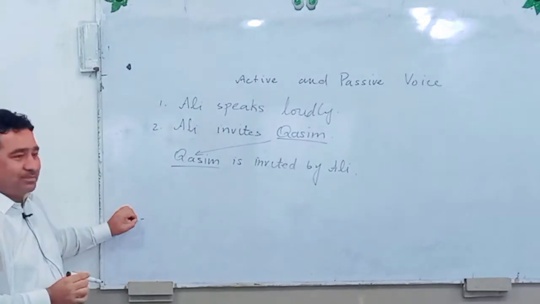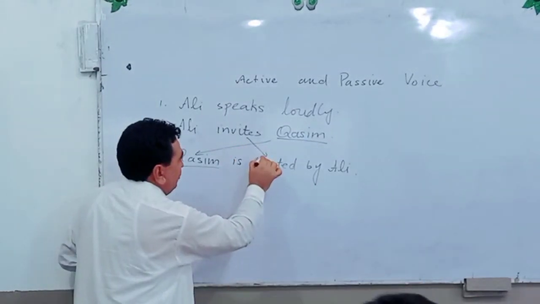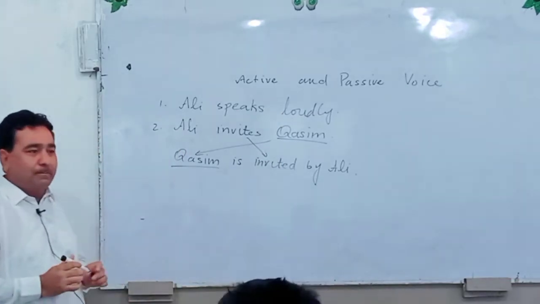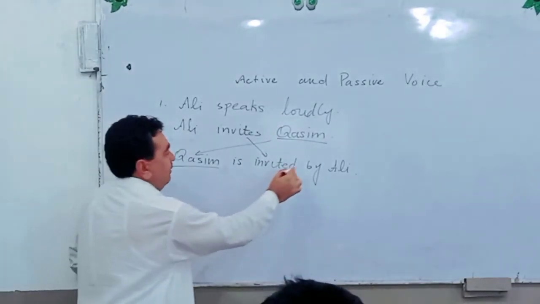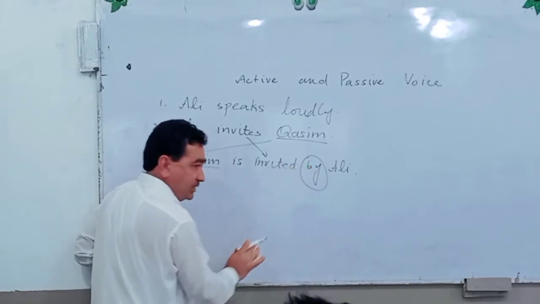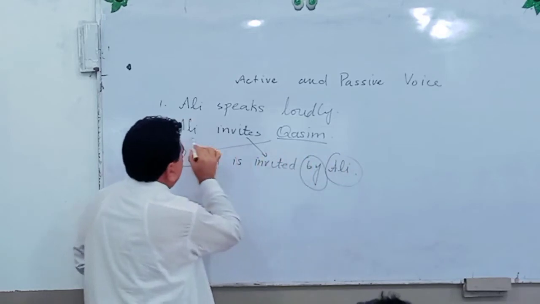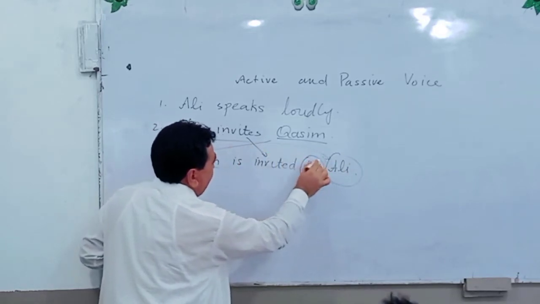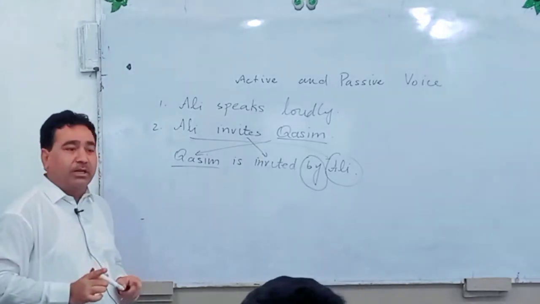Second change, we added a form of be. We have changed the verb into the past participle, the third form. Then we have put by before the object in passive, and then we have made the subject in active the object in passive.